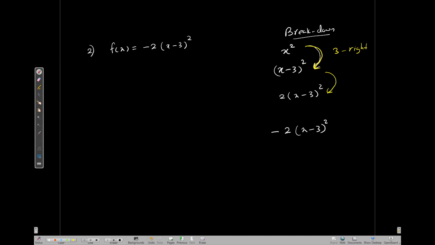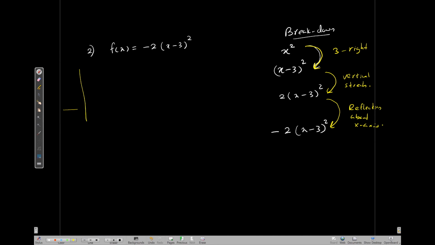From here to here, you have 2, so you're going to do a vertical stretch by a factor of 2. And then finally, from here to here, you are just adding a minus sign, so a reflection, upside down, about the x-axis.